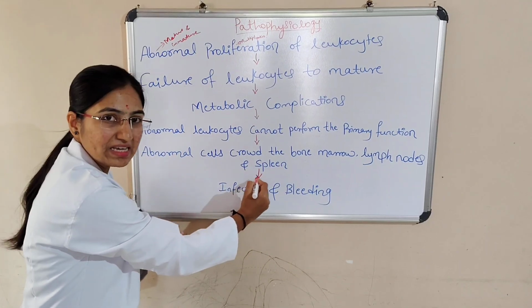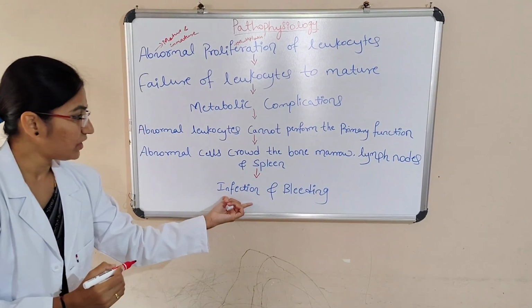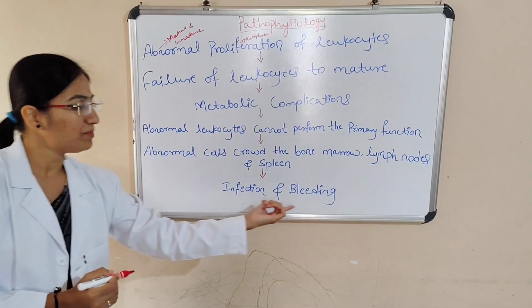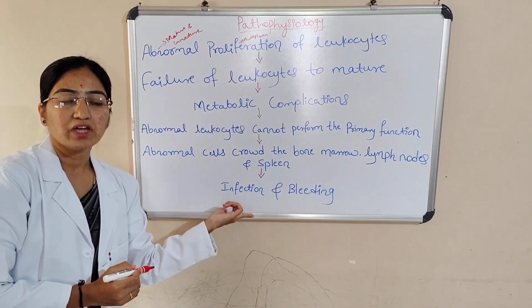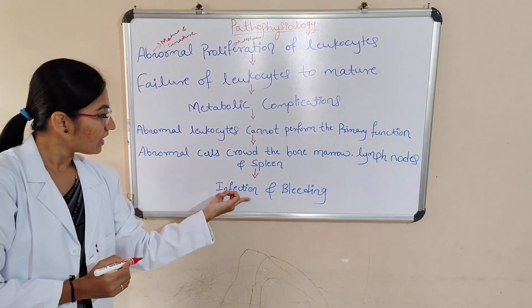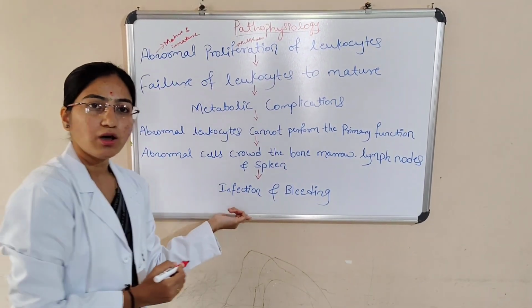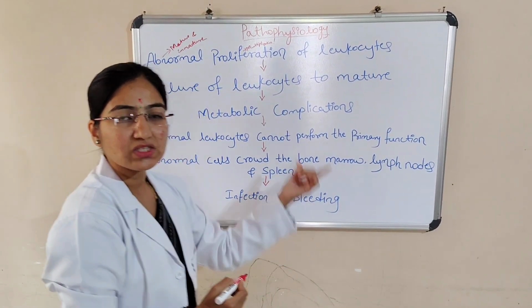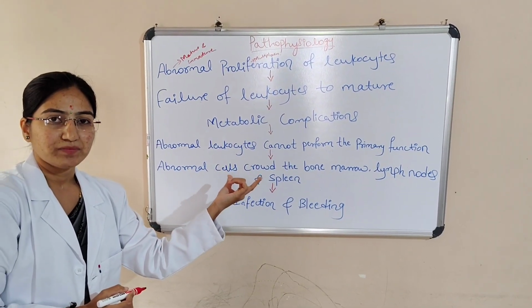Then lastly, that leads to infection and bleeding. Infection is the invasion, spread and growth of germs in the body. That is infection and bleeding. This is all about the pathophysiology.